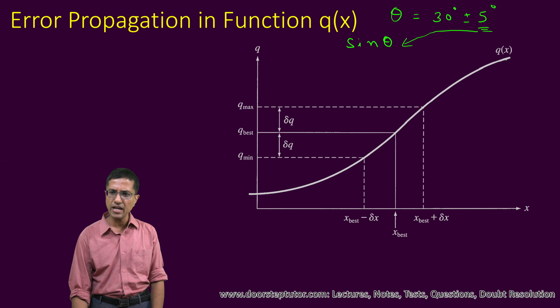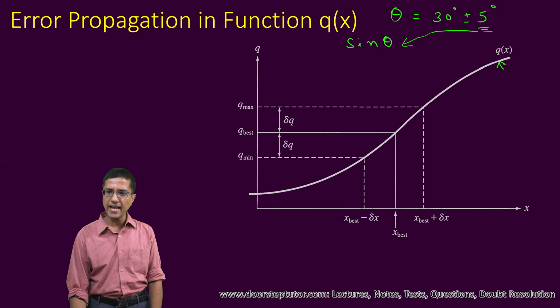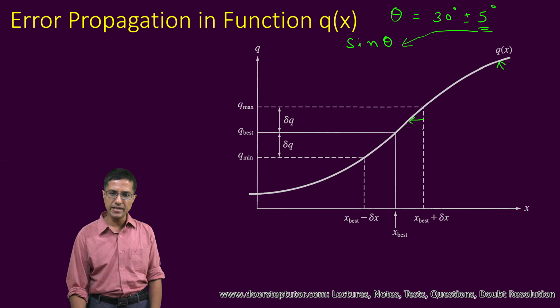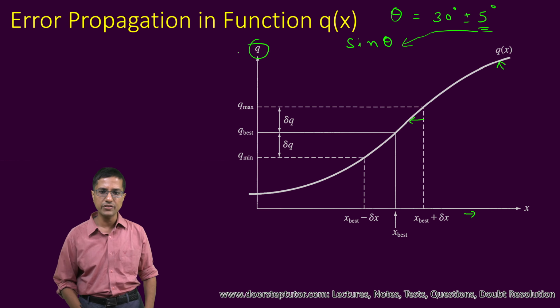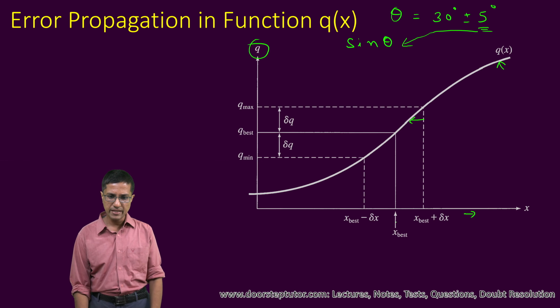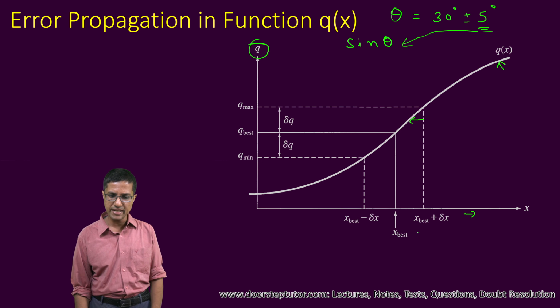So here we have an arbitrary function of x called q of x, and we have plotted this function against x. So this is x right here and this is q right here. We'll try to understand for this x best, which in our example is 30 degrees, and this delta x is our error on either side, which in our case is 5 degrees.